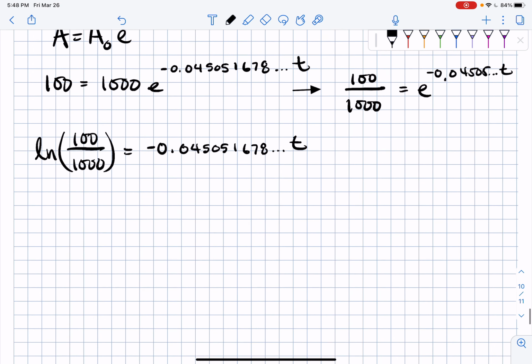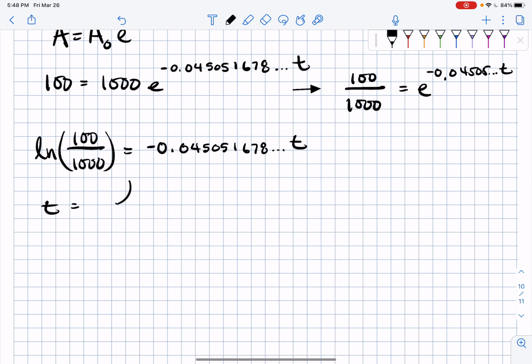So now my t is going to equal ln of 100 divided by 1,000, divided by negative 0.045051678. So let's see what my t is.